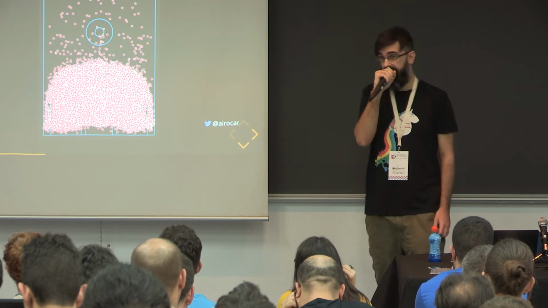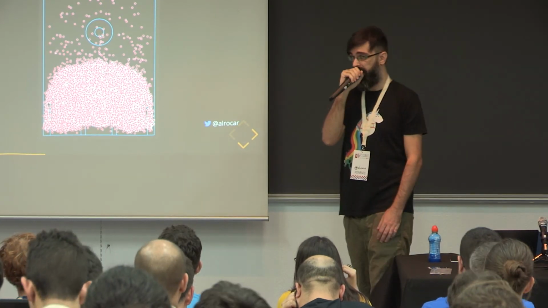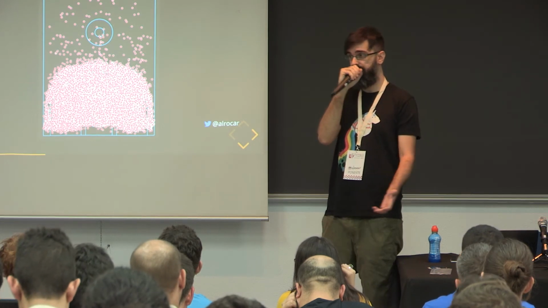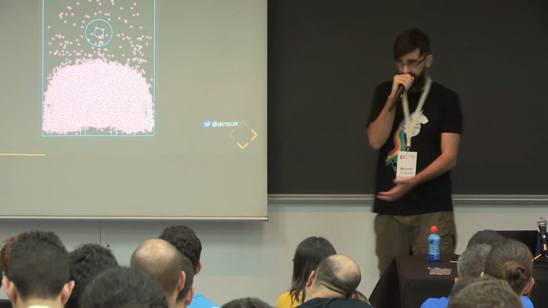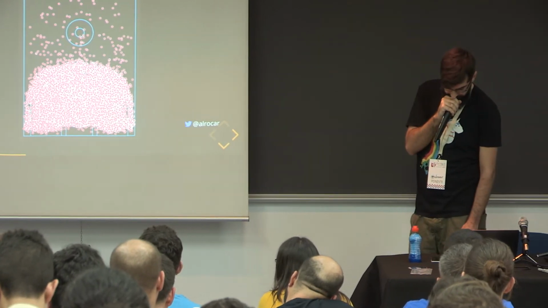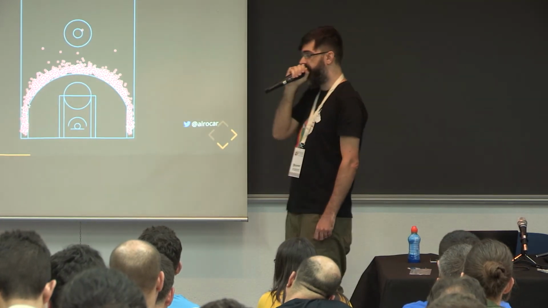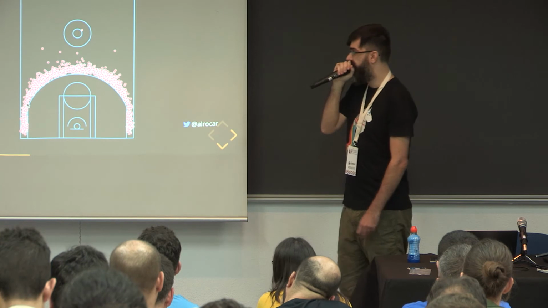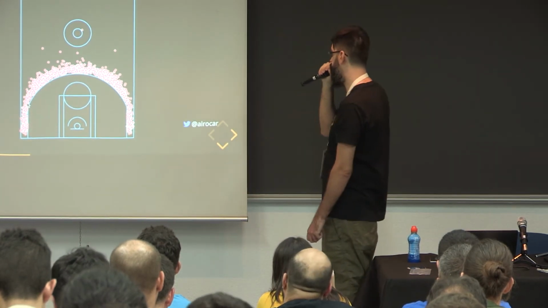The NBA provides an API where you can request shots from any NBA player. This is all the shots from Kobe Bryant during all his career. But we want just 3-pointers. And the 3-pointers that he actually scored, which are these ones.